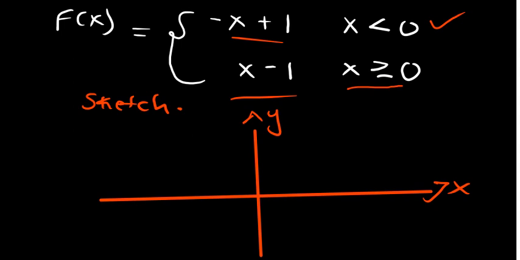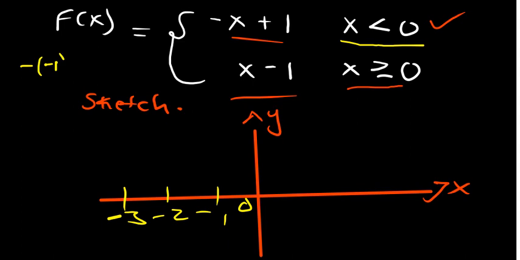Okay, so we'll start with the values of x that are less than 0. So starting from -1, -2, going there. What happens if we plug in -1 in that equation? It's going to be -1 plus 1, which is going to give us what? That is going to be a 2.